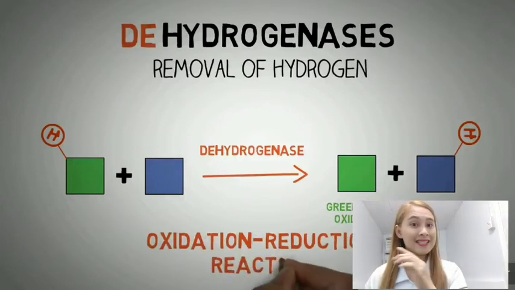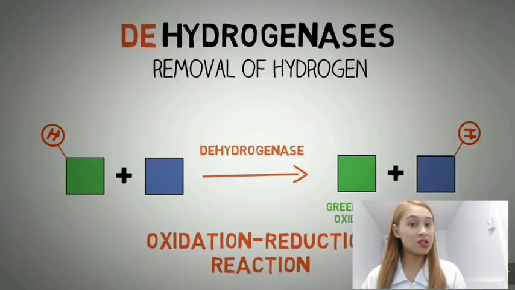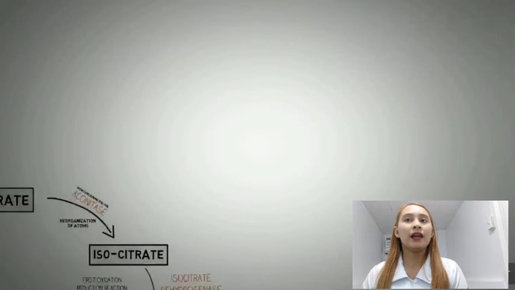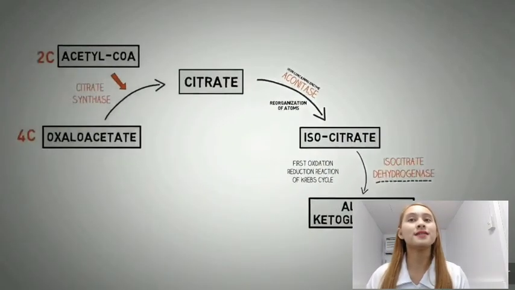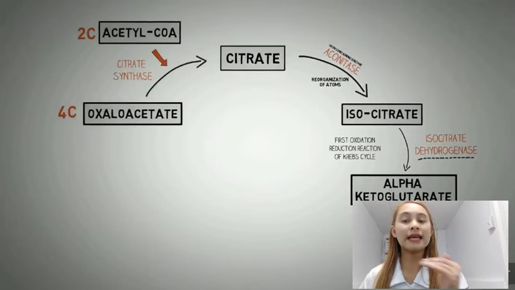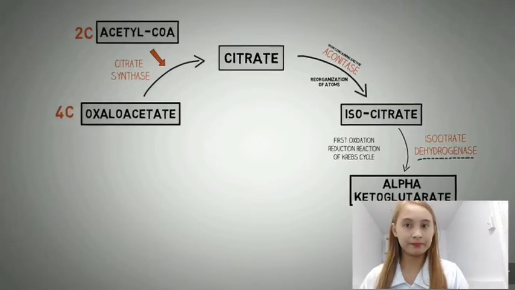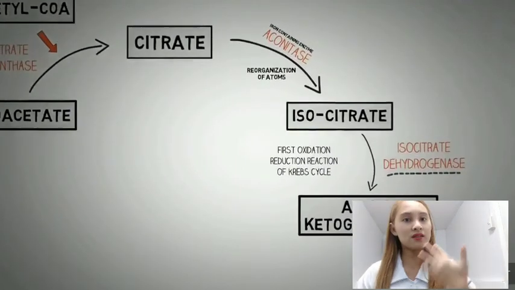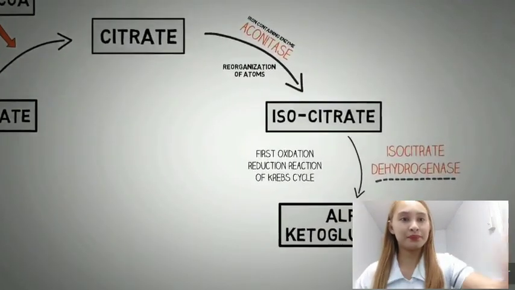So I hope it is clear how the dehydrogenases do their job description, diba? Okay. In the case of step 3, since there is a dehydrogenase, there is an oxidation that takes place.